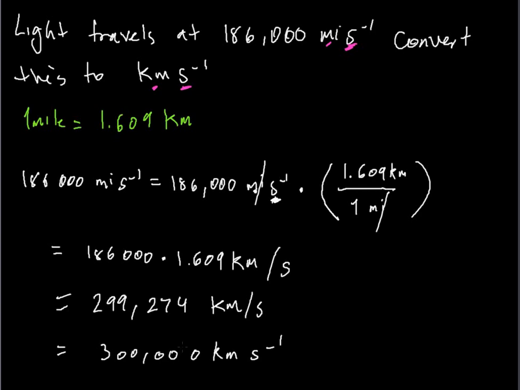Alright, let's move on to our next example. We know that light travels at 300,000 kilometers a second. So what if we want to convert this, instead of kilometers a second, to kilometers an hour? We wanted to see how far light travels in an hour. Well, notice again, before we were paying attention to our distance units and the time remained the same, but now our time units are changing and our distance units remain the same.